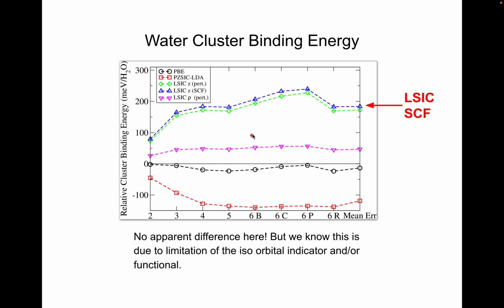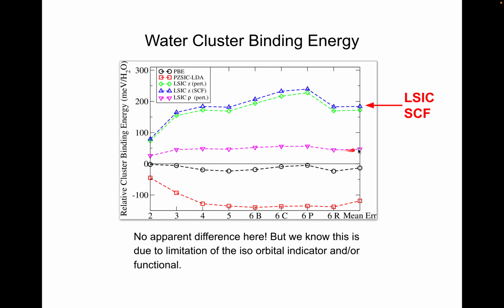And previously, when we swapped the scaling factor from z to the ratio of the orbital density rho_i to the total density, we found data points like this. So you see, just by swapping the isoorbital indicator, we saw a significant improvement for the water cluster binding energy. This performance is slightly worse than, but similar to, the SCAN performance.